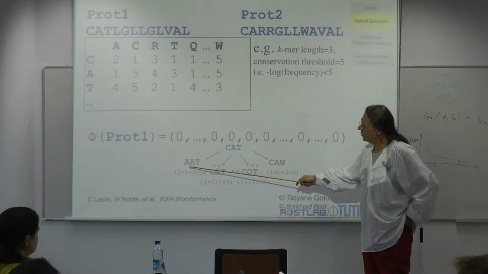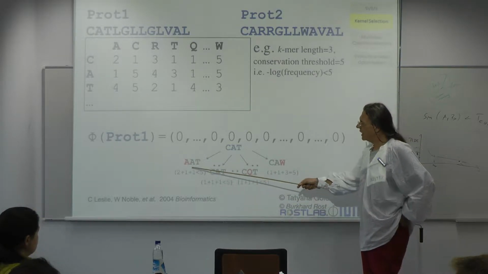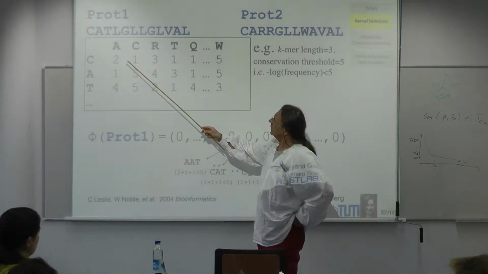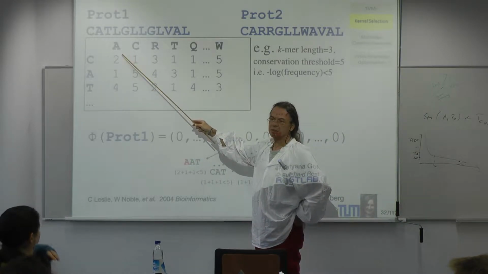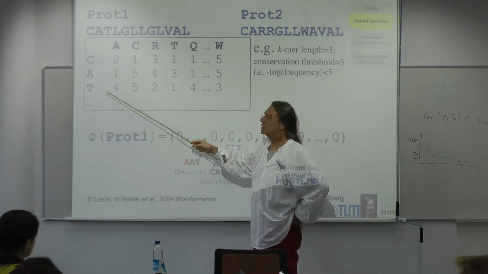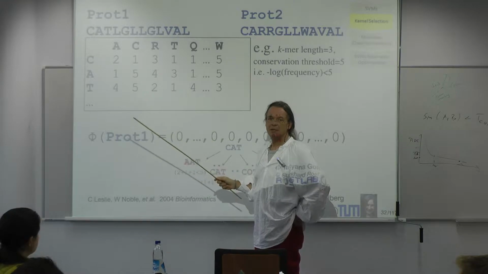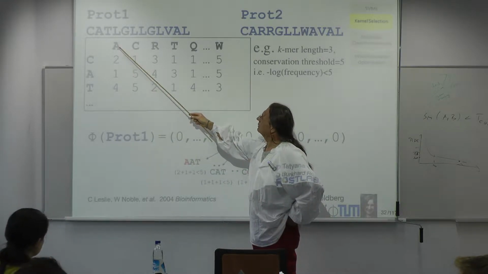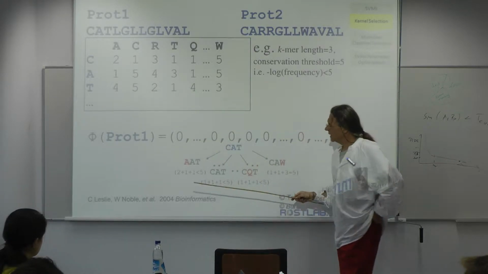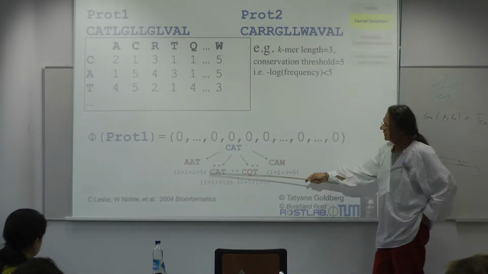Now let's look at one where I have one mistake, or some variant. It's not cat, I'm asking what if I had an alanine at this point in the alignment for cat. I'm still looking for the 3-mer cat, but for the A I have a 2, for the A I have this 1 again, for the T the 1 again, so I do 2 plus 1 plus 1, which is still smaller than 5.